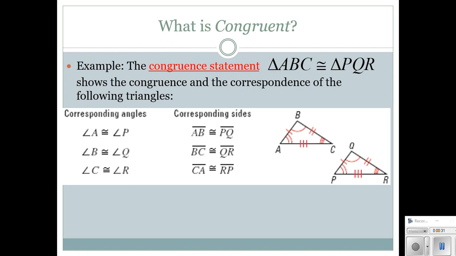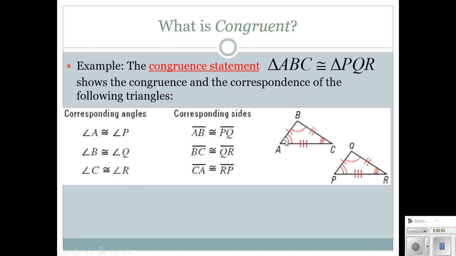For example, the congruence statement, triangle ABC is congruent to triangle PQR, shows the congruence and the correspondence of the following triangles. So here are the triangles right here. If these two triangles are congruent, that means corresponding angles and sides are congruent as well.